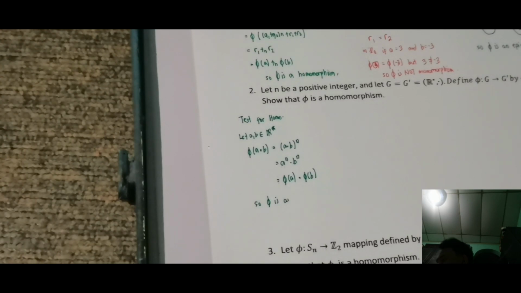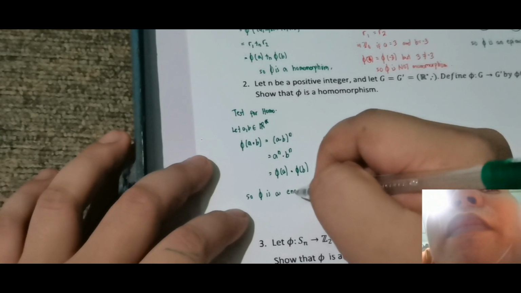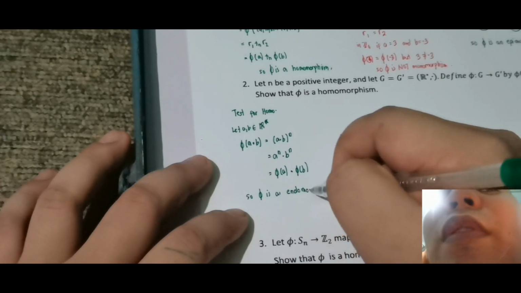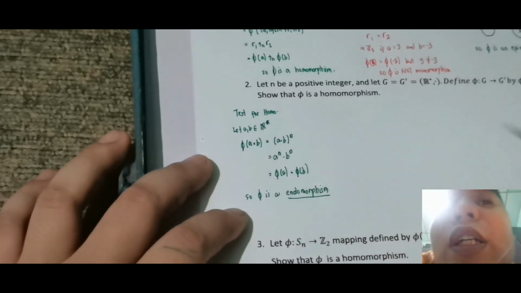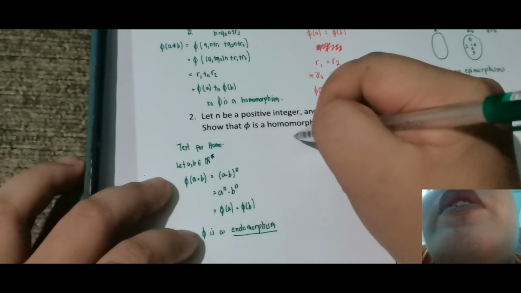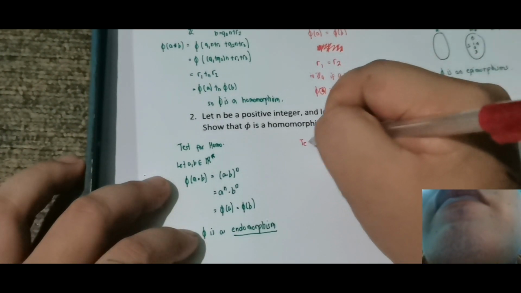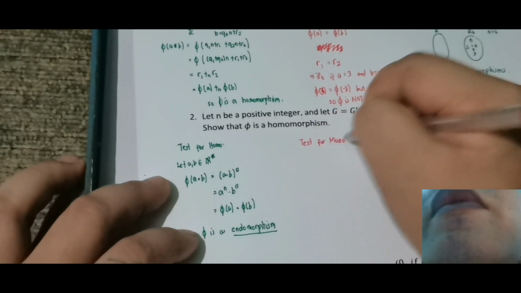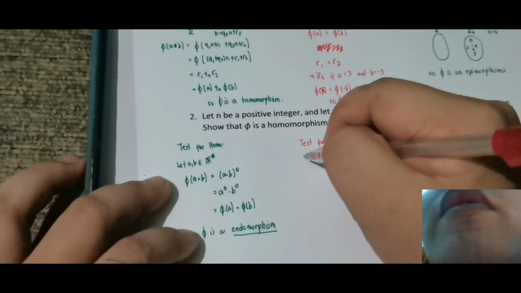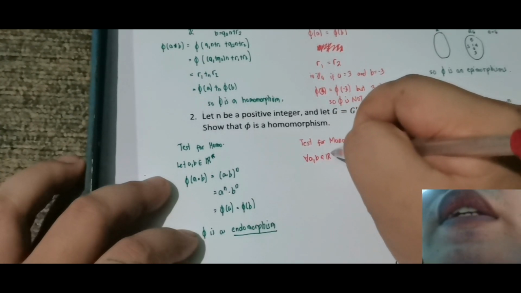That is an endomorphism. So P is an endomorphism, to be specific, since G is equal to G prime. Okay, so next is the test for mono.